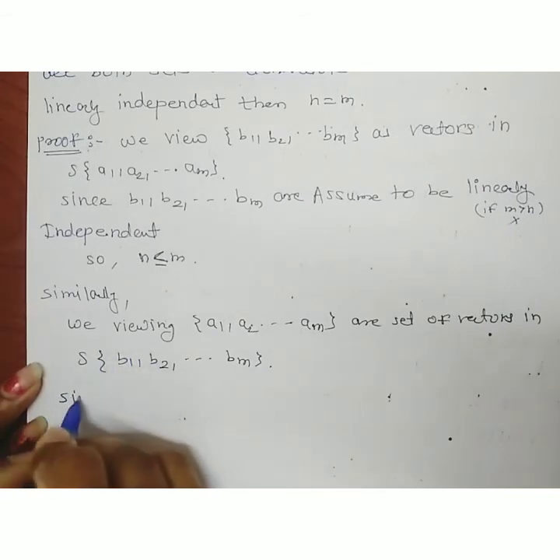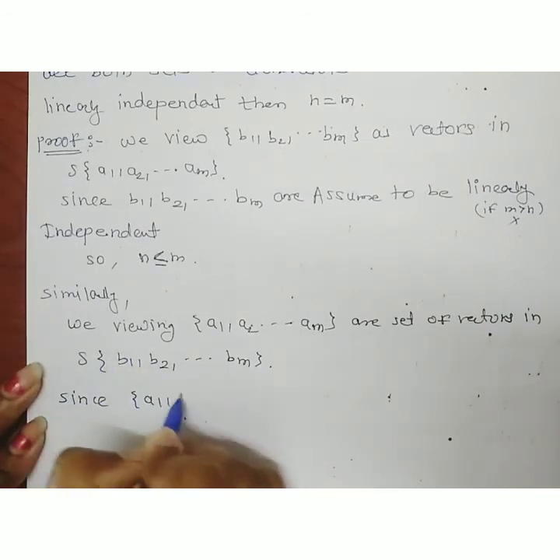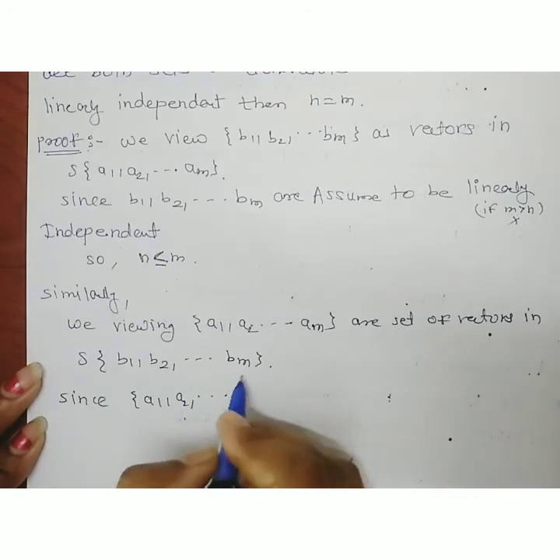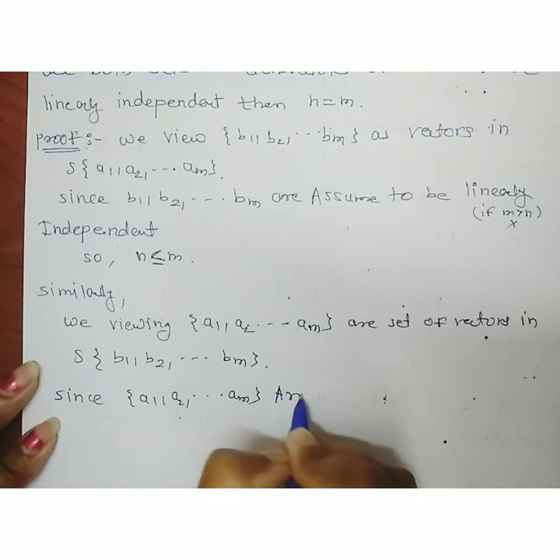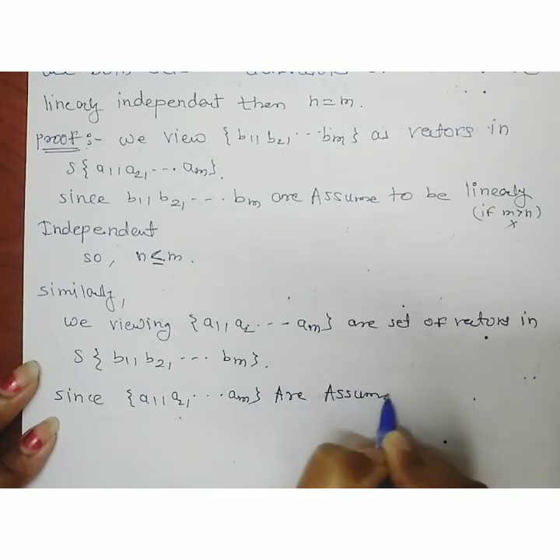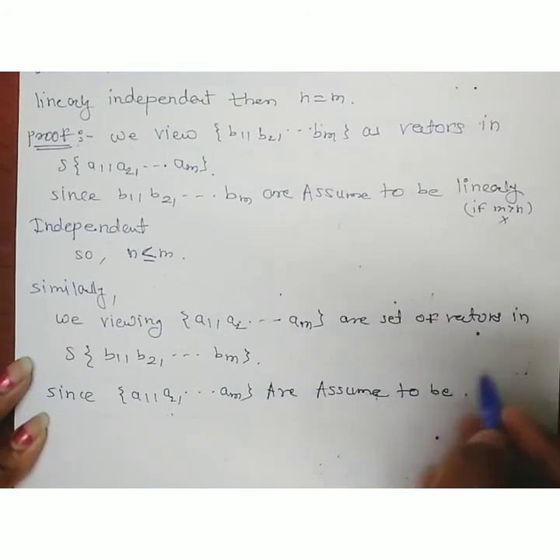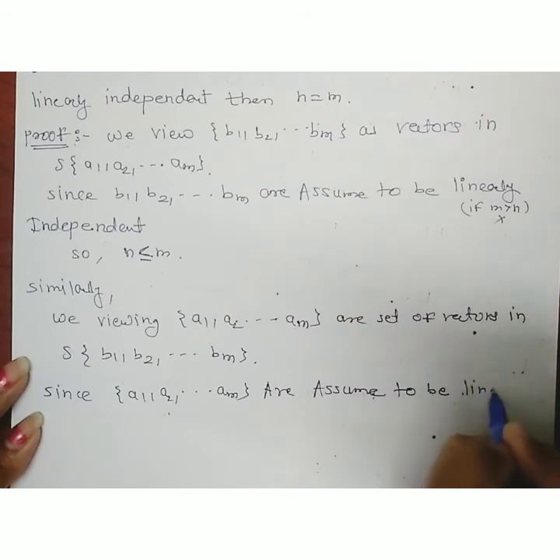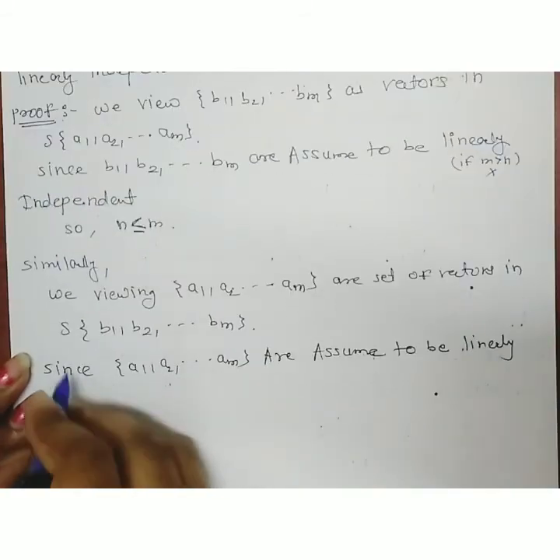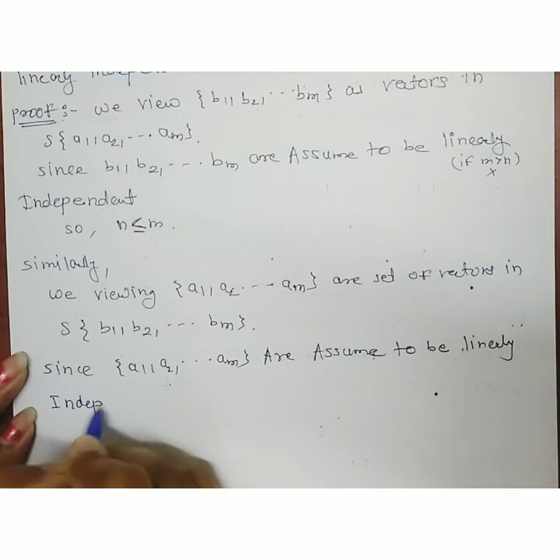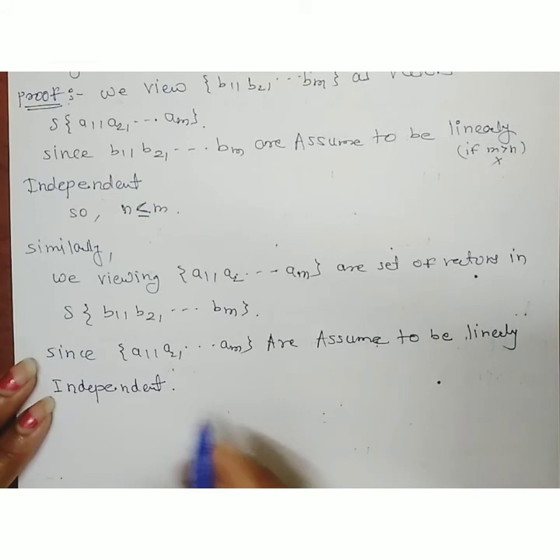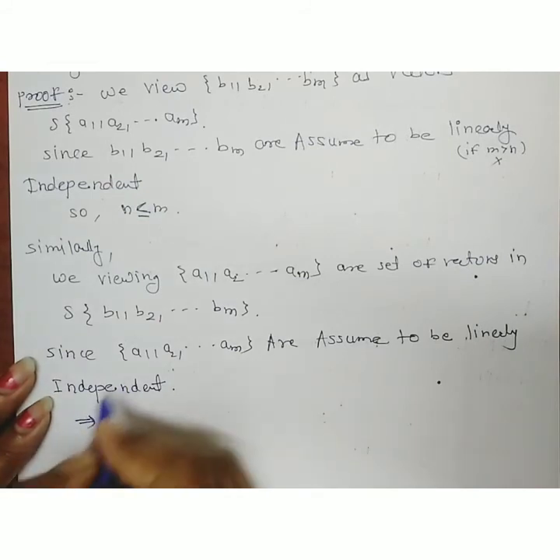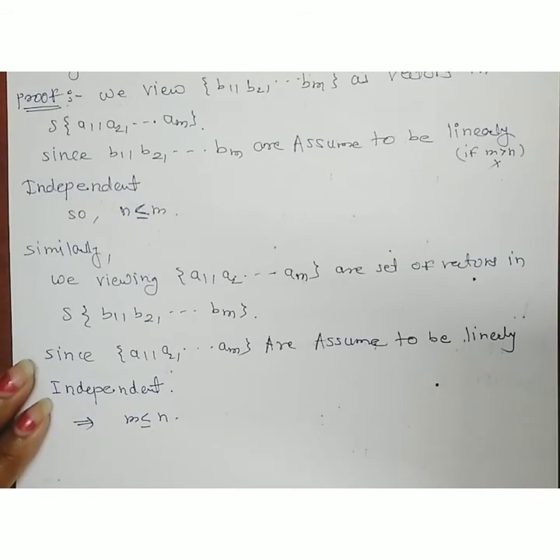Since A1, A2 up to An are assumed to be linearly independent, by the previous theorem, m should be less than or equal to n.